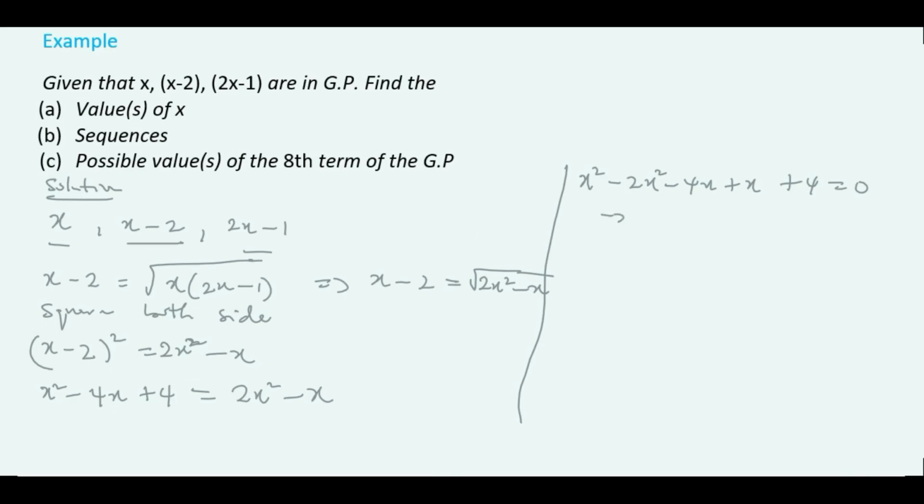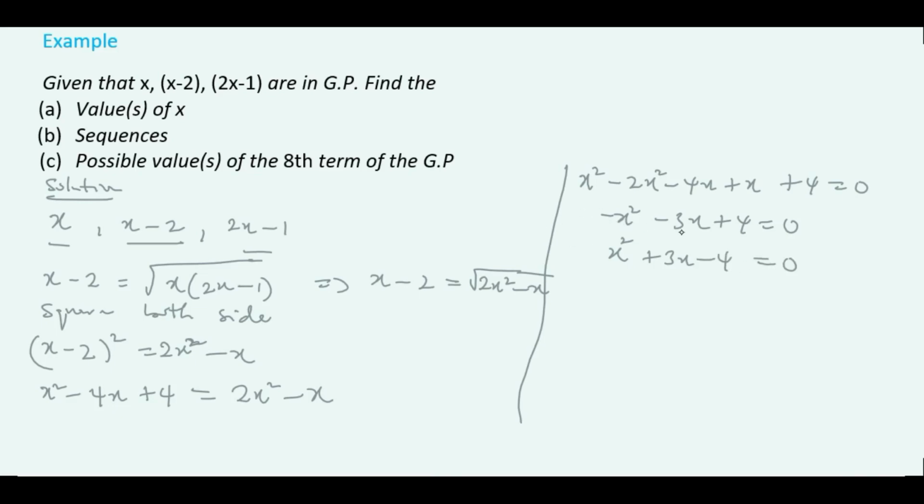So you now have minus x squared minus 3x plus 4 equals 0. In order not to work with the coefficient of x squared being negative, you can multiply everything by a negative number. So you now have x squared plus 3x minus 4 equals 0.